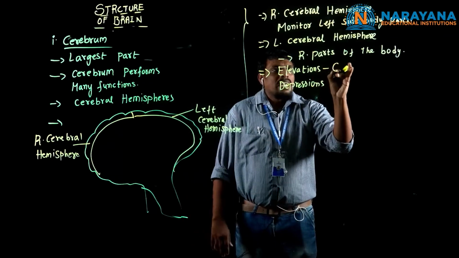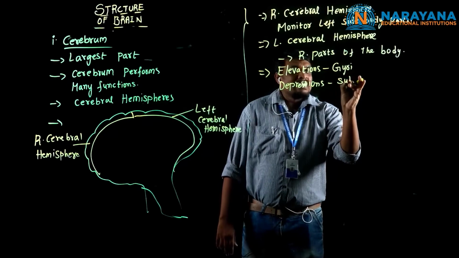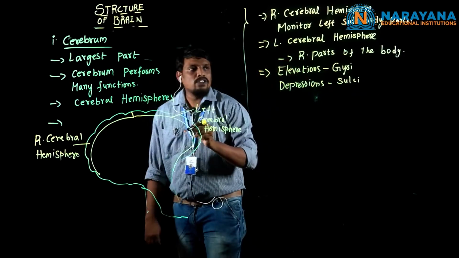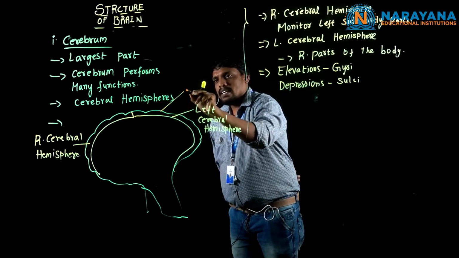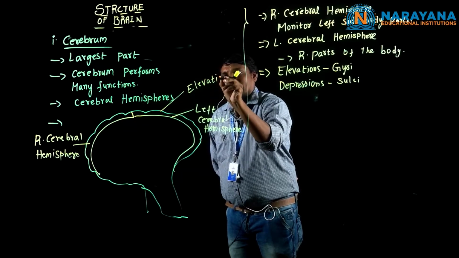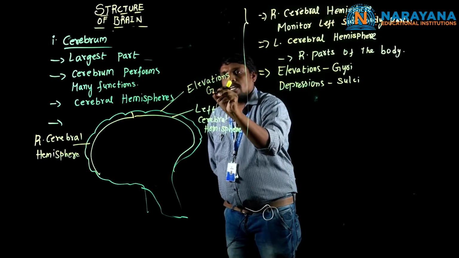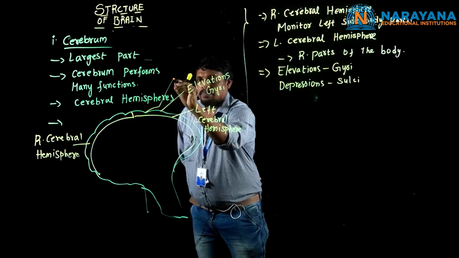Elevations are called gyri and depressions are called sulci. So these are elevations, called gyri, whereas you can see the depressions here.